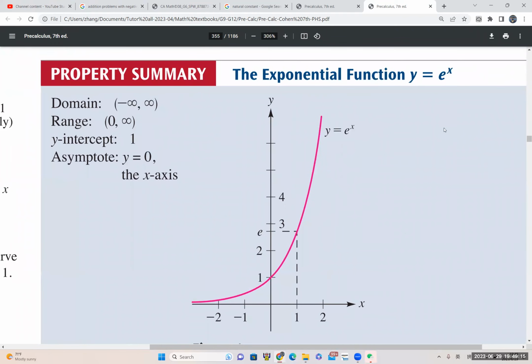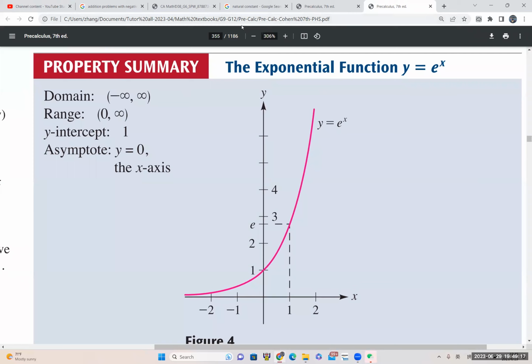Then let me ask you a question. This is y equals e to the x power, right? If another function is like this, let me use a different color. For example, one is blue, another uses a different color.